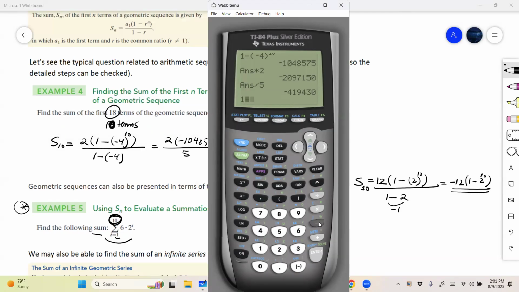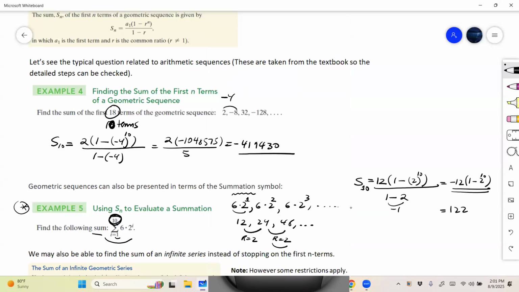So 1 minus 2 to the power of 10. And all I have to do now is multiply by -12. I'm just going to multiply by 12, and then I'll flip the sign. So this is going to be 12,276, positive, right? Because I needed to multiply by a -12. So this is 12,276.